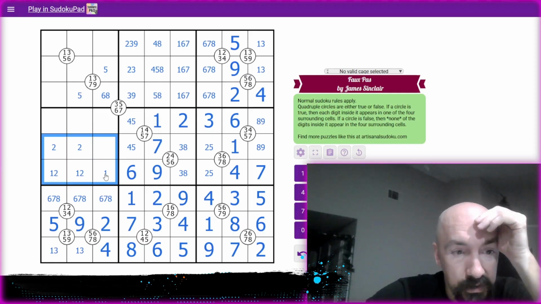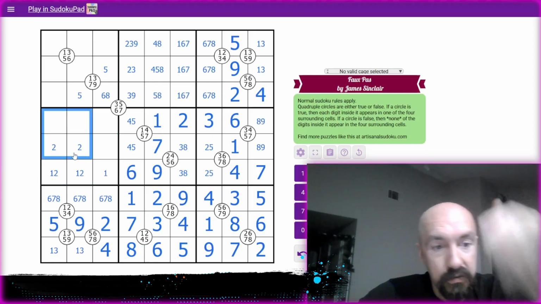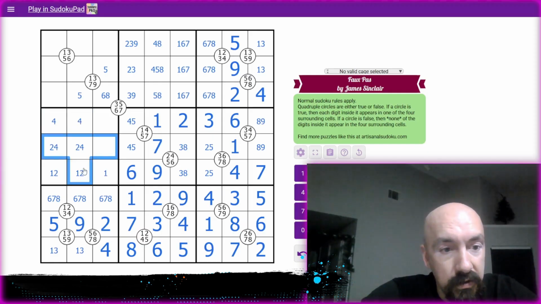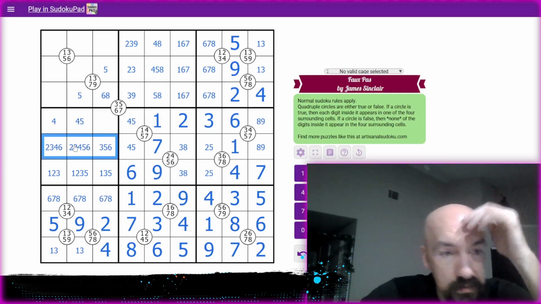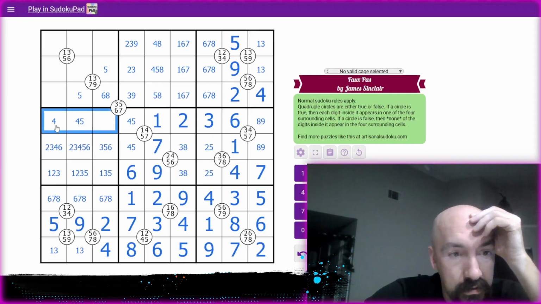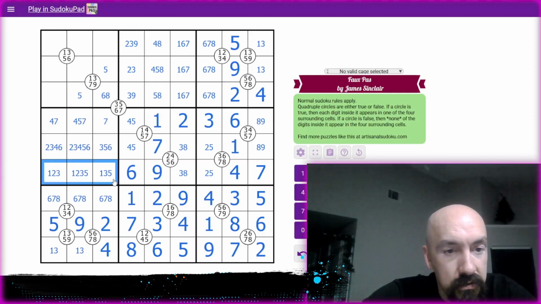So no, 3's going to be down here. So 4s are up here. Okay, 4s up there. 3, 4, 5. But this can't be a 5. 6, 7.